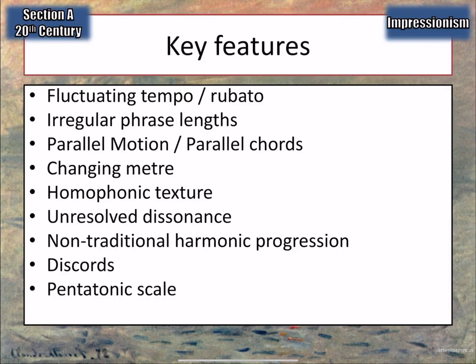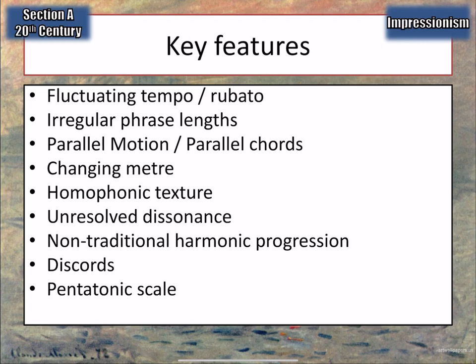And this is, again, absolutely essential that you have this information. These are some of the key features of Impressionism. We've already talked about parallel motion, parallel chords, and the use of the whole tone scale. But also some other things to get down are listed here. Looking at this list, I don't think there's anything particularly confusing.